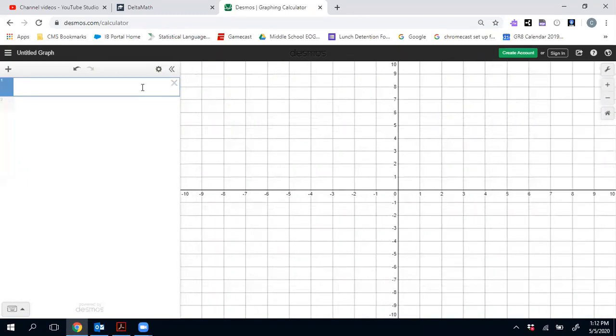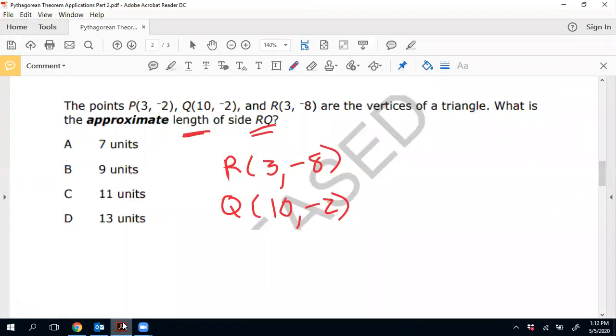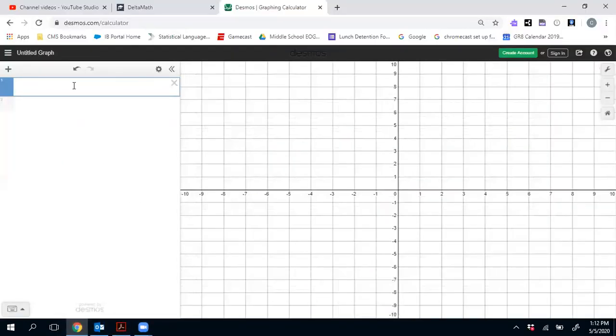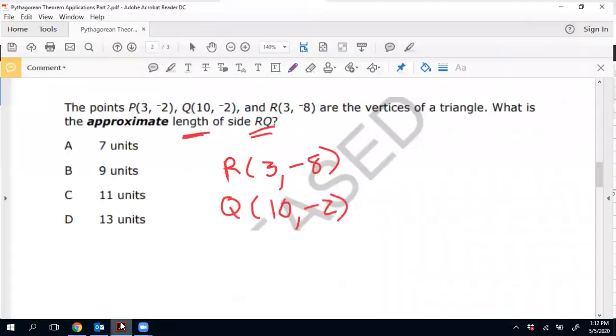So what we're going to do here is use this to plot our points. The first point that we need to plot is 3, -8. So I'm going to open up parentheses and type 3, comma, -8, and that point is now plotted on this coordinate plane.